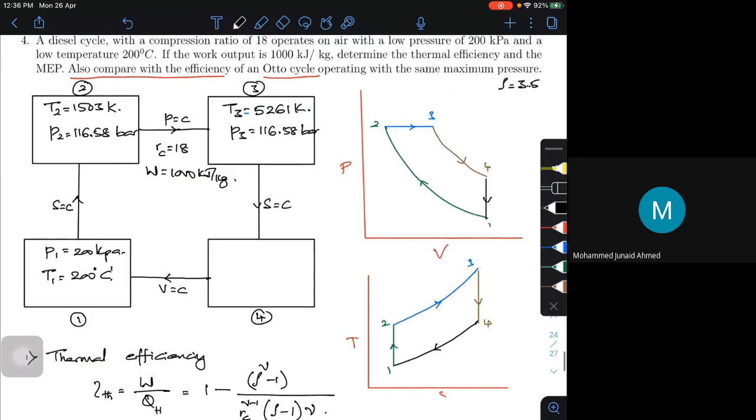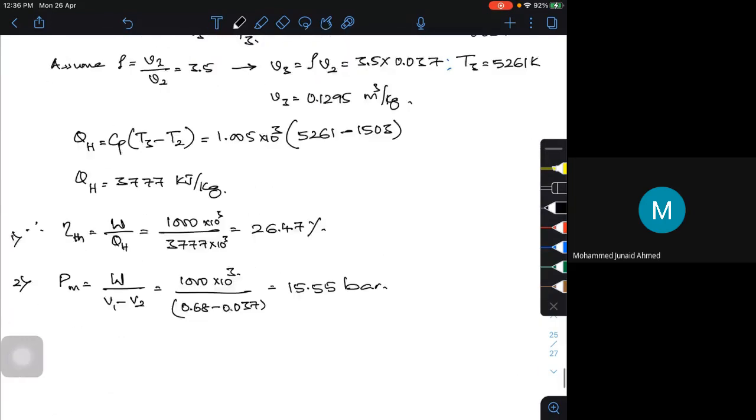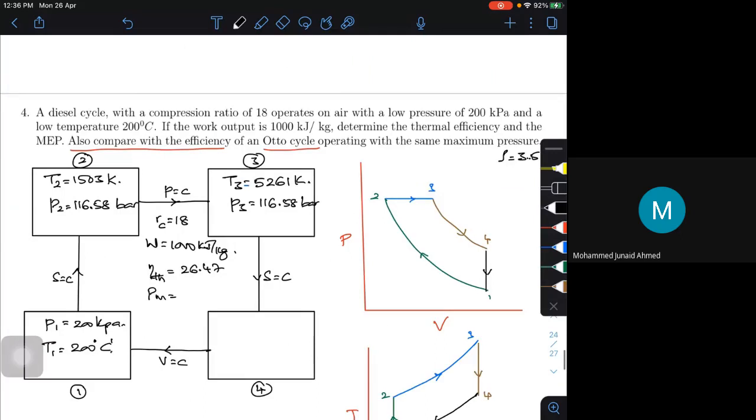Once you find them, you can easily go back and write whatever you have calculated. It is 26.47, and your mean effective pressure is 15.55 bar. If you write it like this, it will be easy for you.